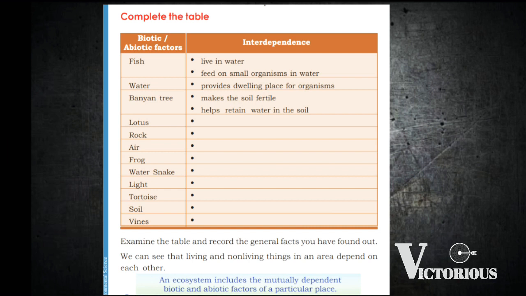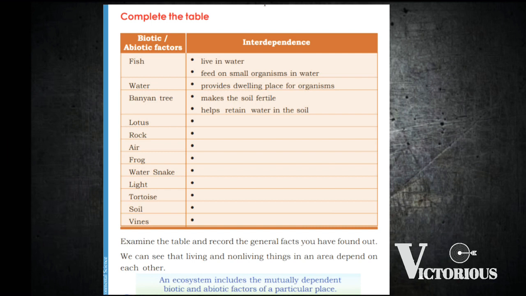Then the banyan tree. The banyan tree makes the soil fertile, right? So the soil needs the banyan tree, and it helps retain water in the soil. The soil needs water for retaining, so it helps. Then you have to write the interdependence of lotus, rock, air, frog, water snake, light, tortoise, soil, and vines. Examine the table and record the general facts you have found out.